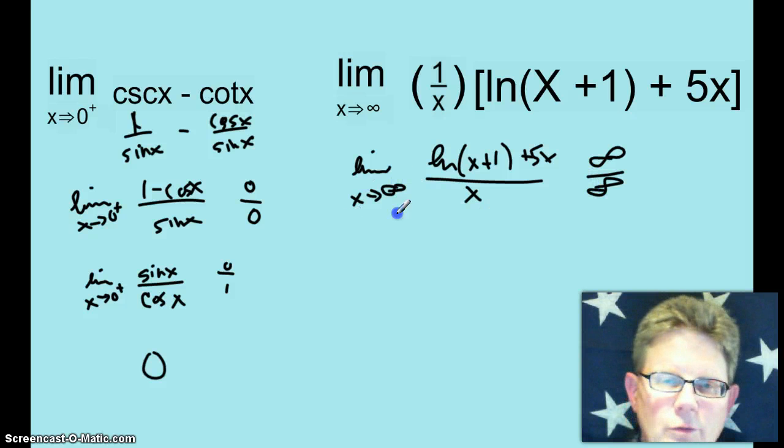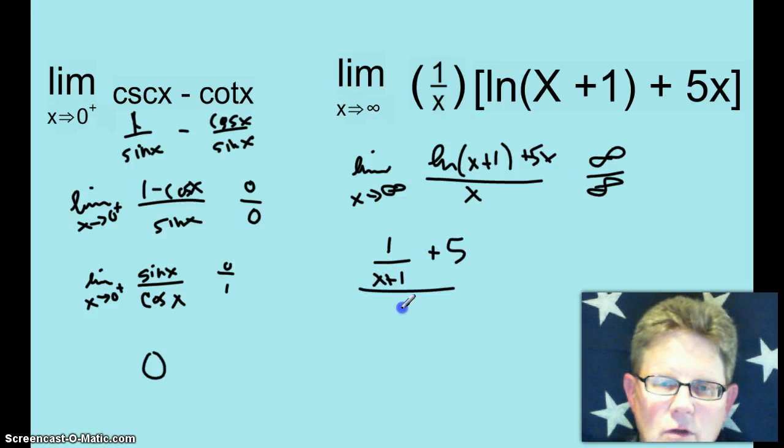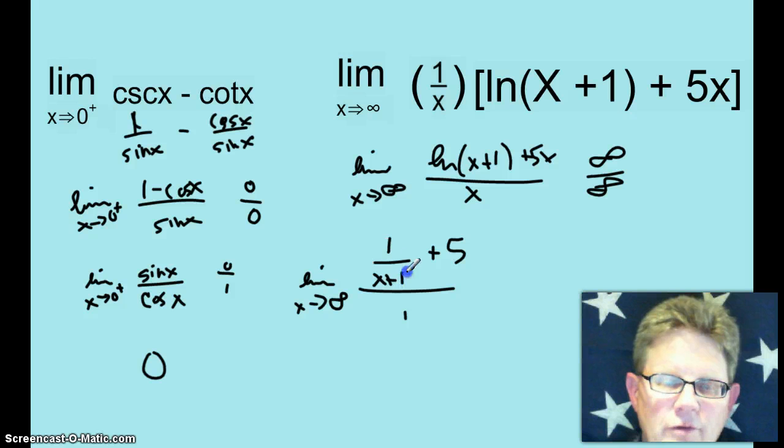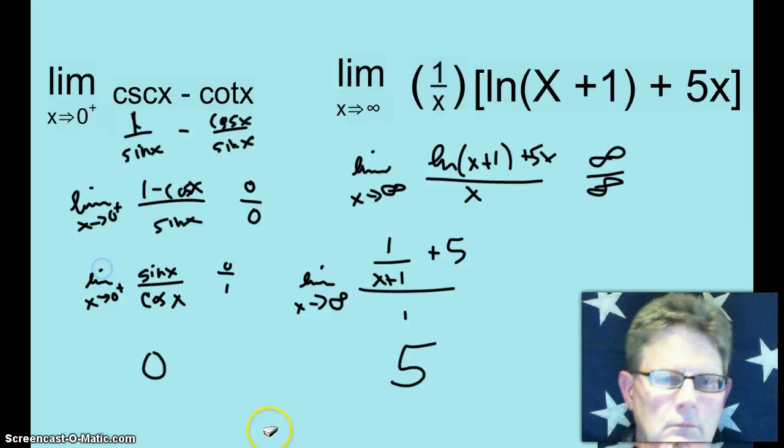So let's go ahead and use L'Hopital's rule. Derivative of ln of x plus 1 is 1 over x plus 1, plus 5, all over 1, and this is the limit as x approaches infinity. Replace x with infinity. 1 over infinity is 0, plus 5 over 1, that limit is 5.